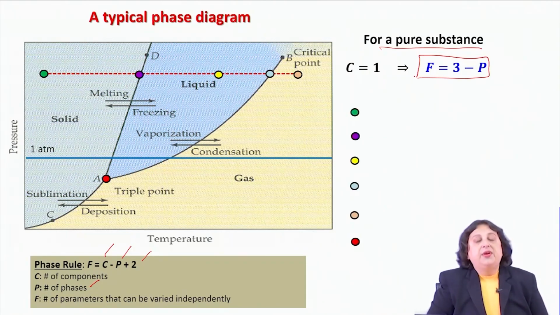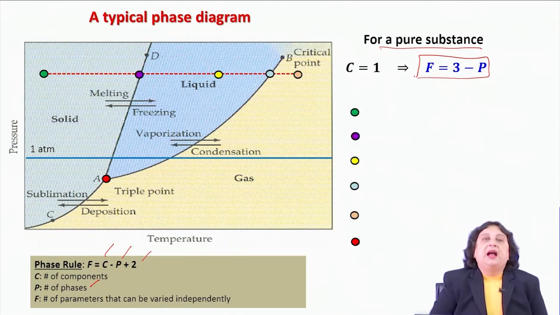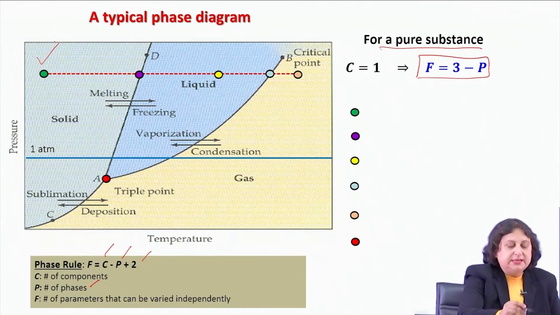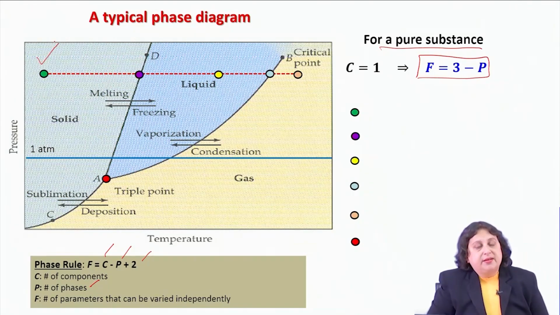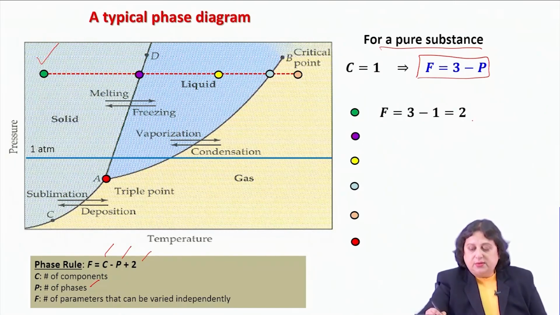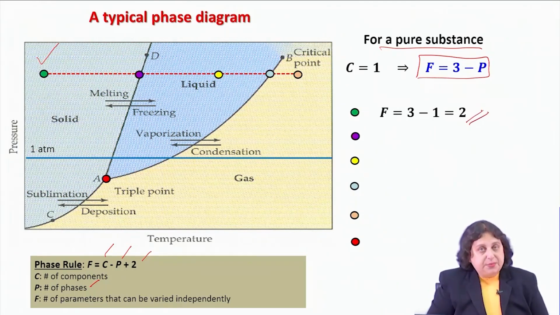Now let us have a look at what is happening at these different points marked on the phase diagram. My first point is this one, where I have the pure solid phase. So what is the value of P, the number of phases here? P is equal to 1, and therefore F is equal to 2. So what does it mean?